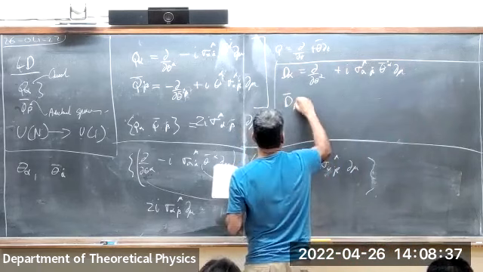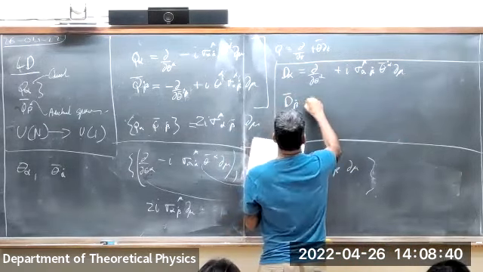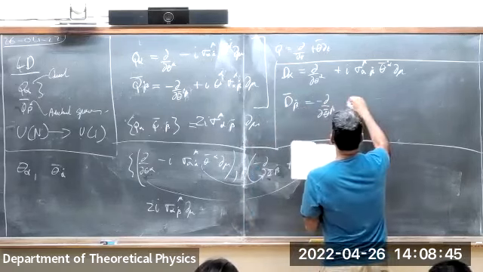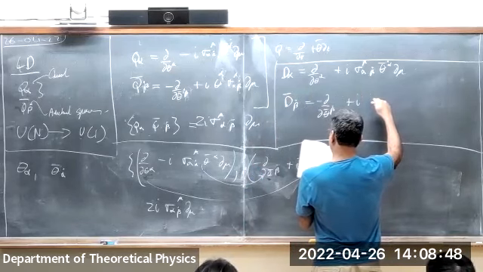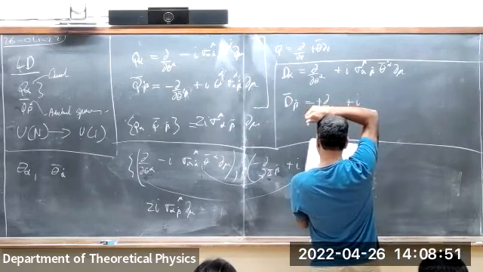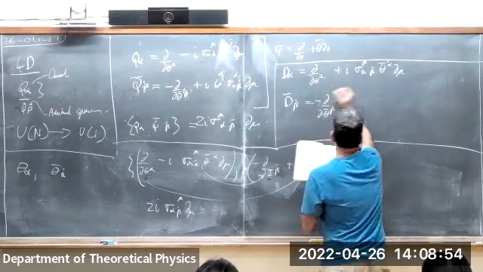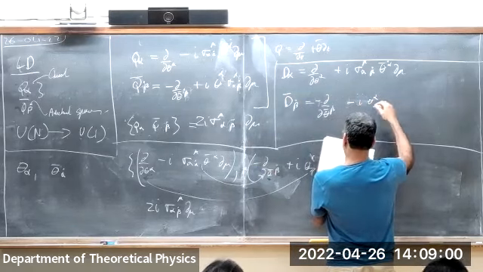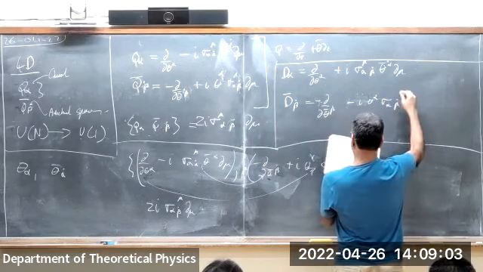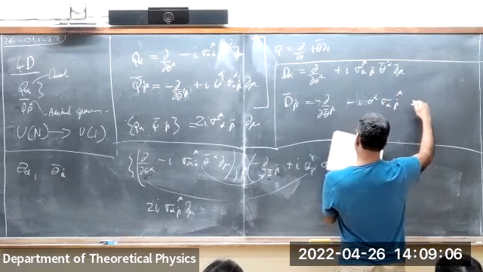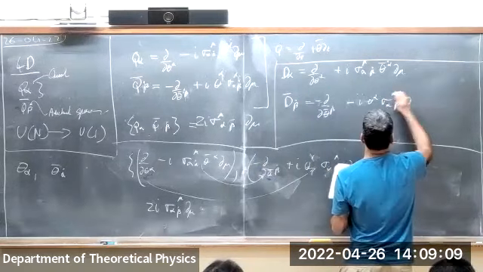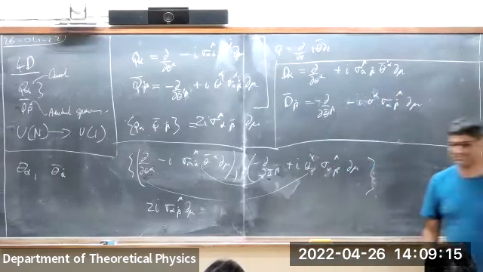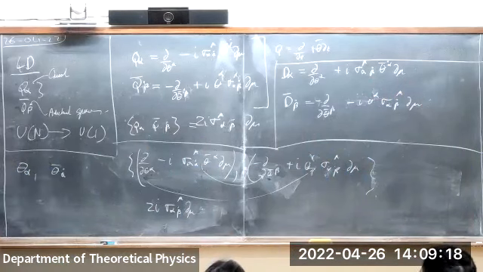Whereas D bar beta dot is equal to minus del by del theta bar beta dot, and here, both are minus, minus i theta alpha sigma alpha beta dot mu del mu.